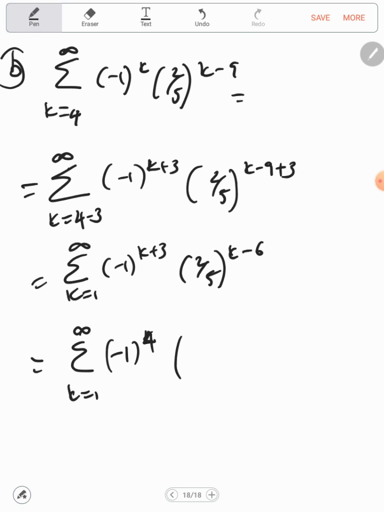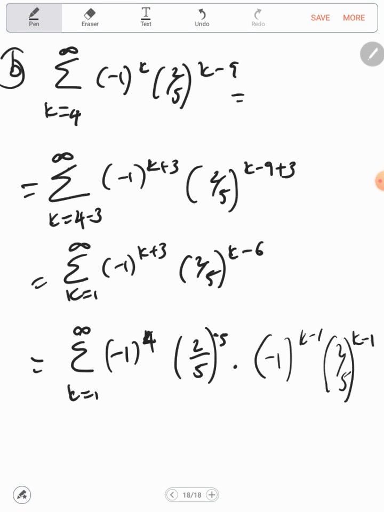Then we also have 2 to the power 5 to the power minus 5. So that what remains here is minus 1 to the power k minus 1 and 2 over 5 to the power k minus 1.